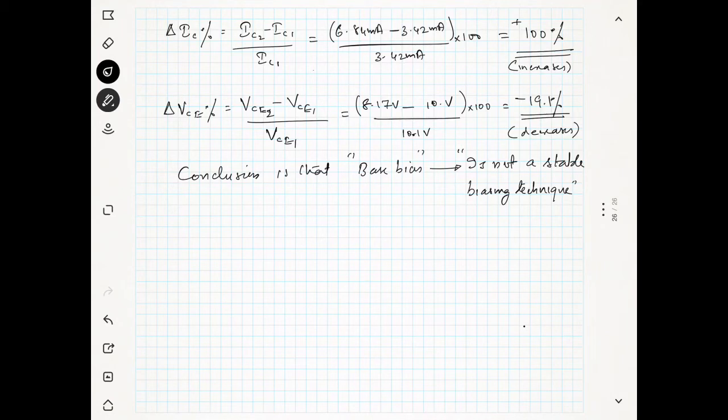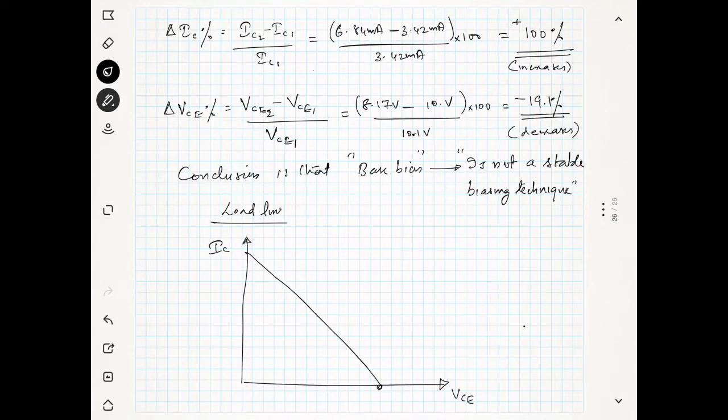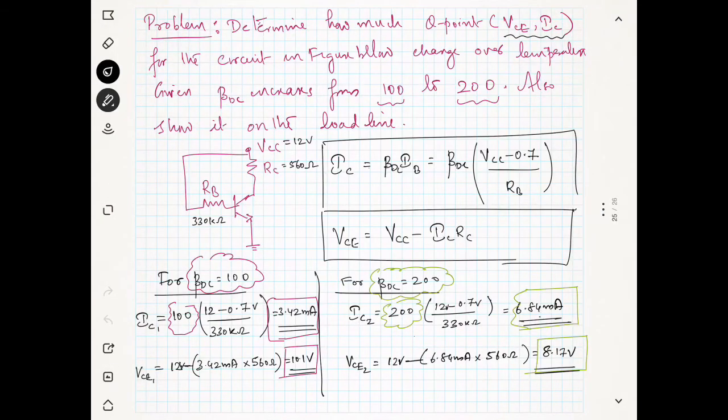Now we will show the same thing on the load line. You can see this is our load line. We have x-axis VCE and y-axis IC, and we have already discussed this is the load line. We will get here VCC, which is 12 volt. And what is our IC sat? We have taken the voltage of 12 volt, 12 by 560.